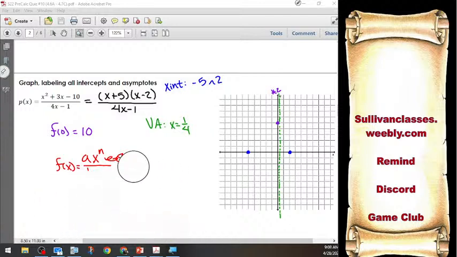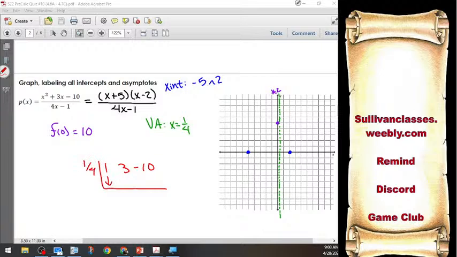So you got your rules, and your rules say 1, 3, negative 10, divided by 1/4. 1 times a fourth is 1/4. 3 plus a fourth, or 12/4 plus a fourth, is 13/4. 1/4 times 13/4 is 13/16. So negative 160/16 plus 13/16 is negative 147/16.